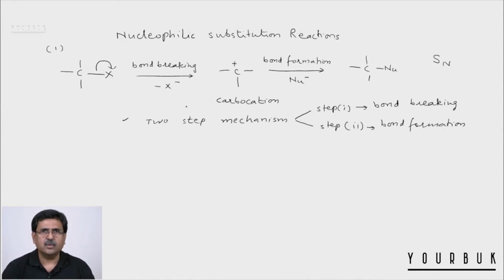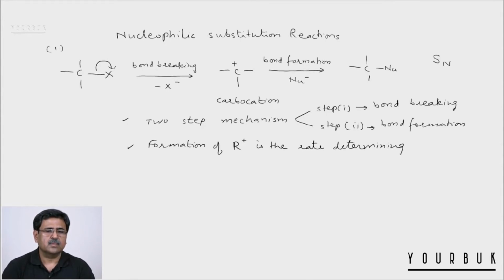In this nucleophilic substitution, the formation of carbocation is the rate determining step. I am using the symbol R plus for carbocation. We use the abbreviation RDS.